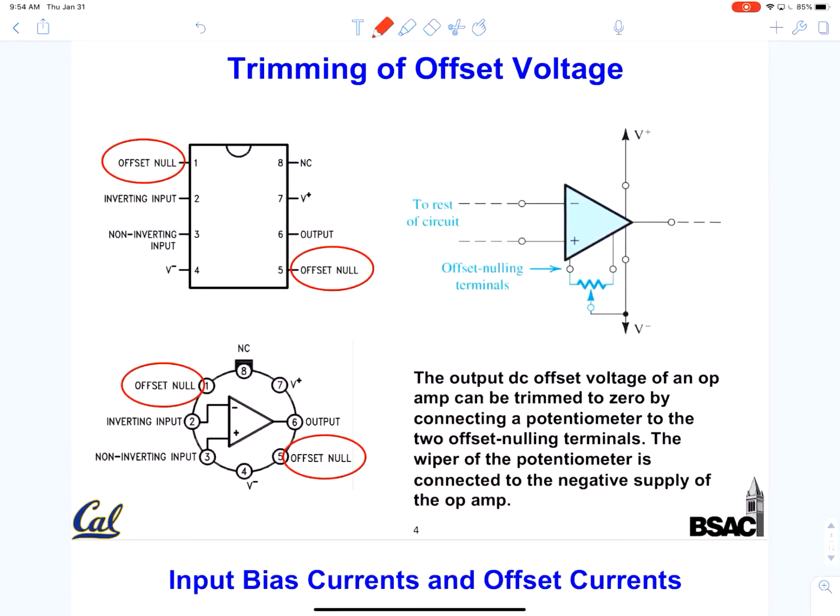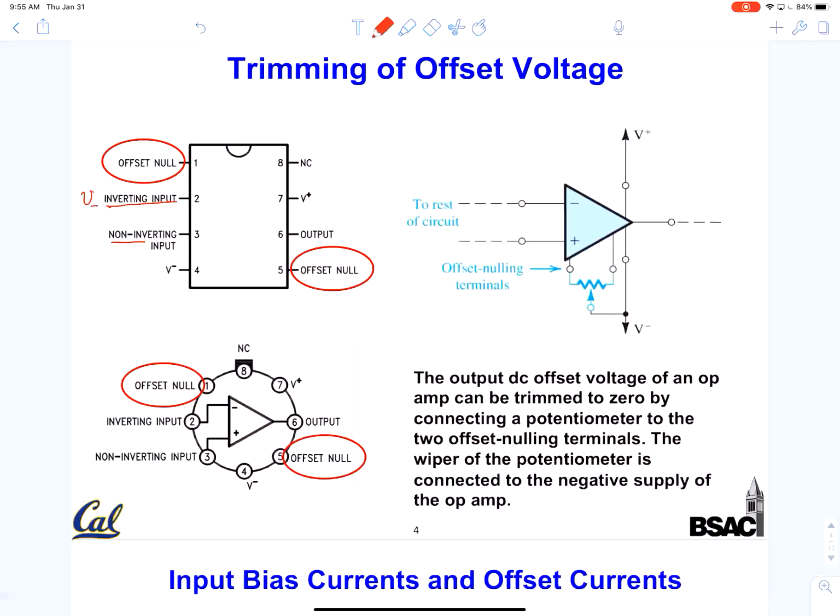There is a solution to that, and this solution is basically external trimming. If you look at typical op-amps, they come in all shapes and forms. These are the two common packages that you are likely to see. One is a small DIP package, a dual inline square IC. You'll see there is an inverting input, so this is V minus.